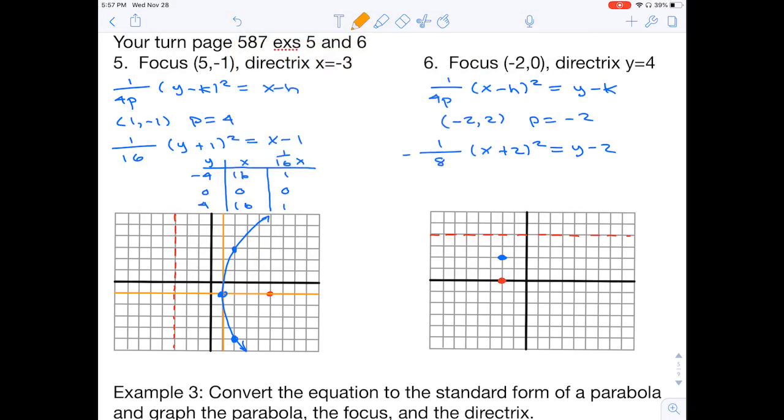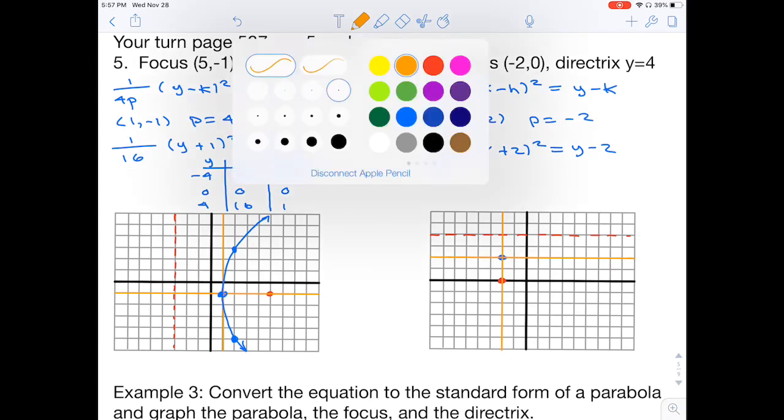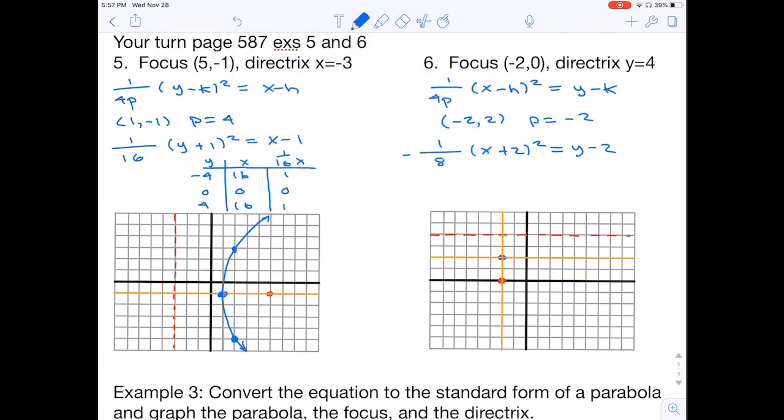Next, I'm going to make my coordinate grid that goes through my vertex. And I'll make a table. And I'm going to fit it as best I can right here. So since this is vertical, I can just go x, y, and -1/8 y.